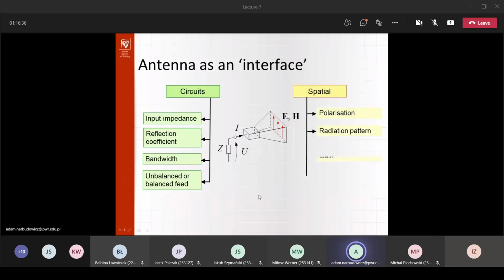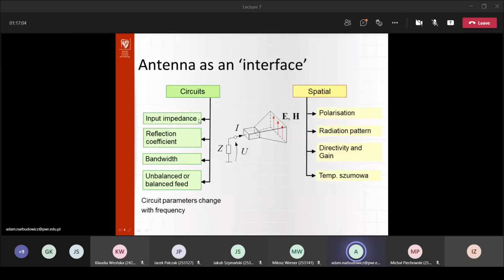However, on the other side, it has also, my apologies for this, that's the noise temperature, the last one. It can also be classified by a spatial set of parameters. So basically, that is how it radiates into space, and we will go through a few of those in this module.